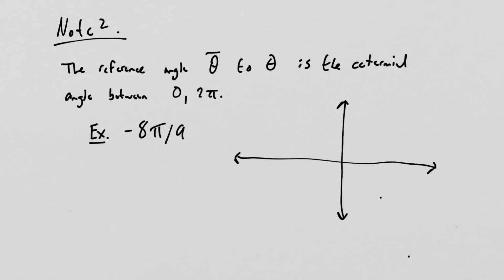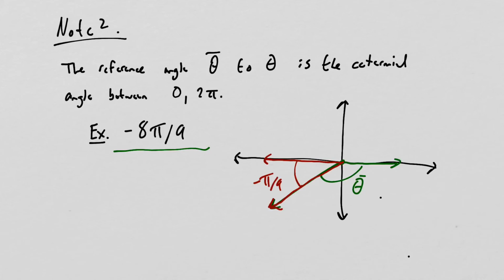Since negative 8 pi divided by 9 is not quite negative pi, this is going to lie in the third quadrant, since negative angles go in the clockwise direction. Then the distance in the negative direction from this terminal ray here and our negative x-axis is only given by negative pi divided by 9. This means that the coterminal angle is going to be equal to pi divided by 9.